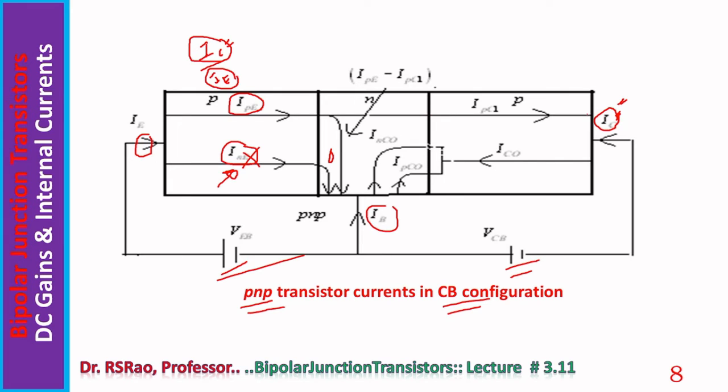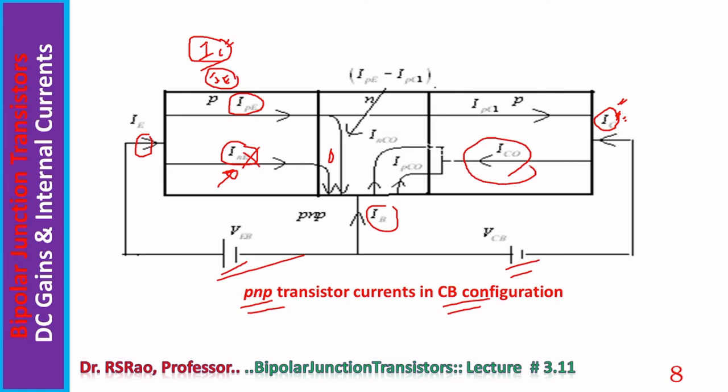Traveling in the collector region, it gets collected by the collector terminal. It becomes part of the collector current. The collector current, in addition to the current that has come from the emitter, has another component also.